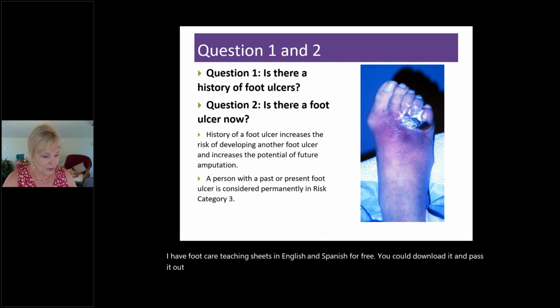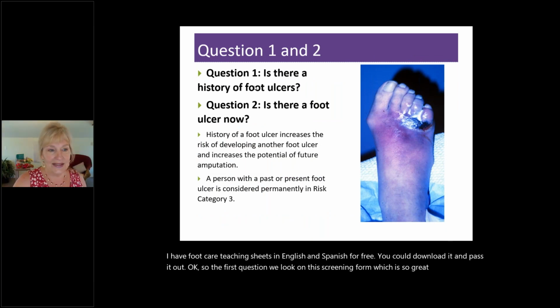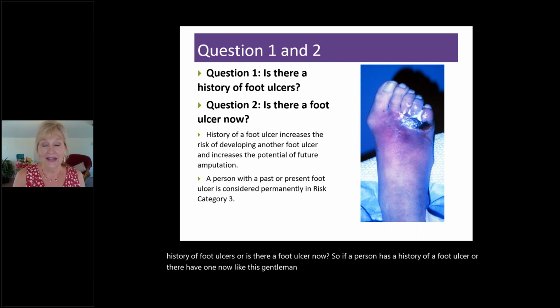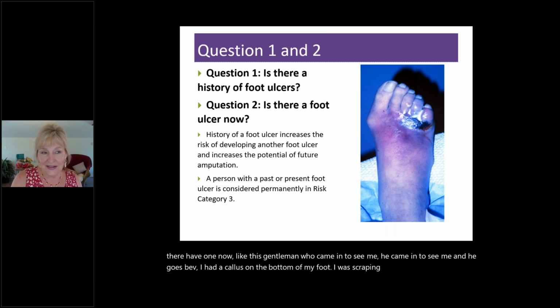Okay, so the first question on this screening form is, is there a history of foot ulcers, or is there a foot ulcer now? If a person has a history of a foot ulcer, or they have one now, like this gentleman who came in to see me, and he goes, Bev, I had a callus on the bottom of my foot. I was scraping it with a razor, and I think I went too far.